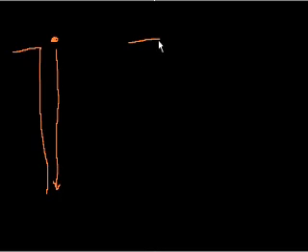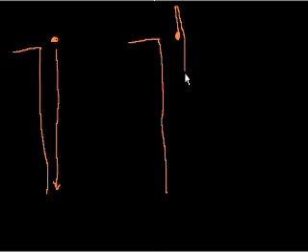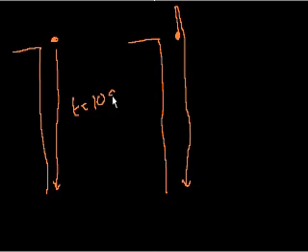In the second case, I took the penny, it first went up and then it went down. So it had all the time when it went up, and then it went down a longer distance. So it makes sense that this time is 10 seconds, while this time was 13.45 seconds.